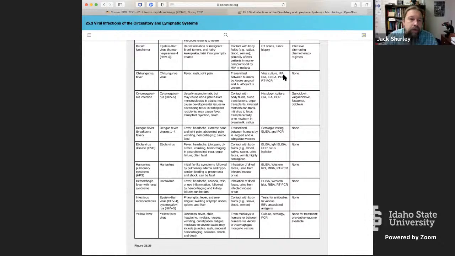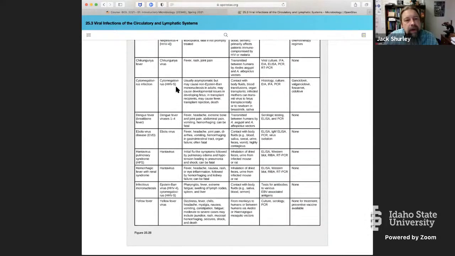We can do viral culture. As far as treatment, there are no forms of treatment with this. It's a self-limiting infection.